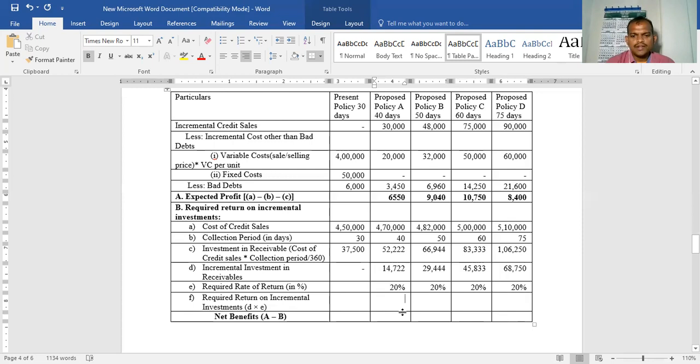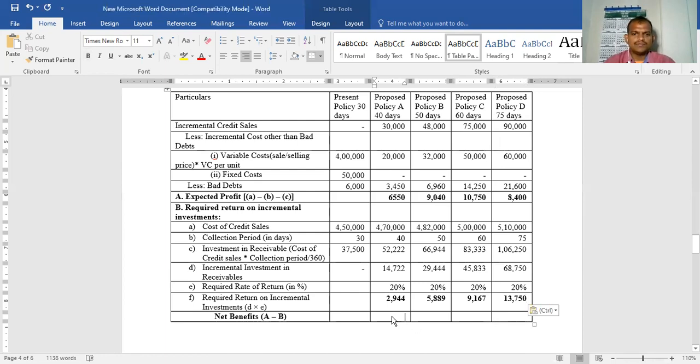So, required return, how much? 14,722 into 20%: 2,944, 5,889, 9,167, 13,750.